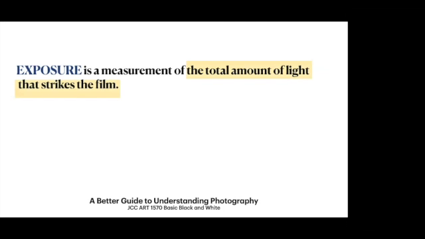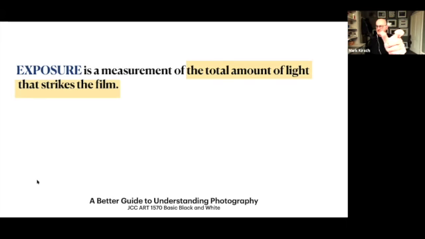So when we talk about exposure, we're talking about a measurement of the total amount of light that's striking the film. And we have to be able to control how much light is hitting the film. Too much is no good, not enough is no good.